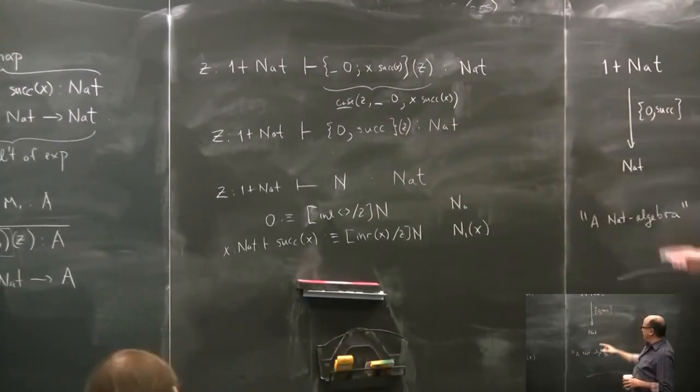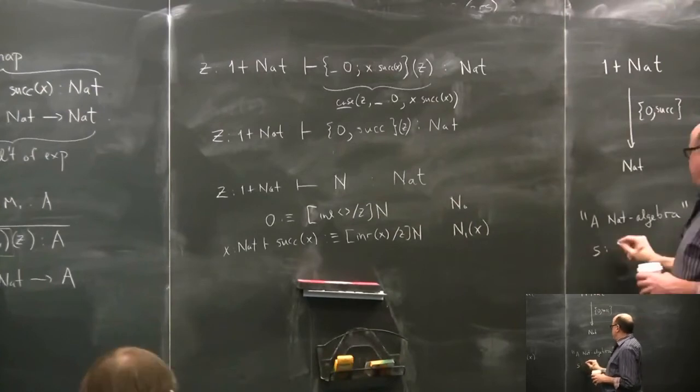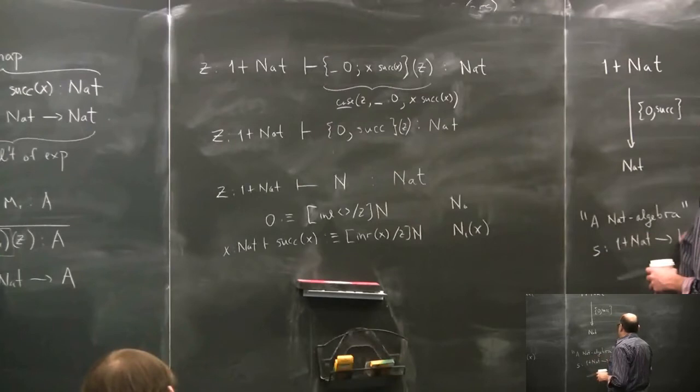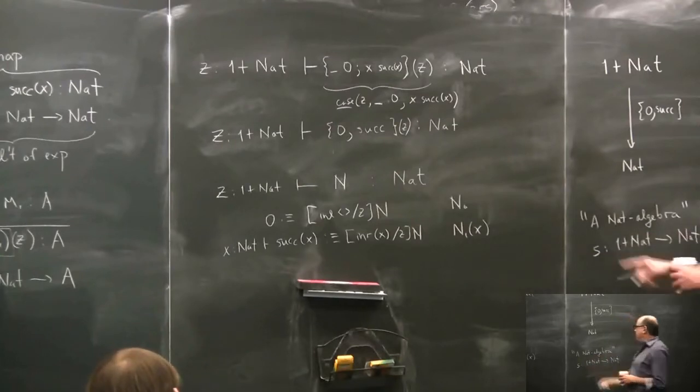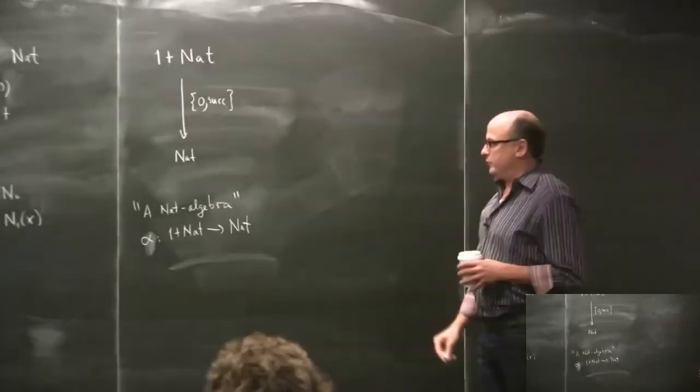That is, any mapping from 1 plus Nat to Nat will be called a Nat algebra. Let me call it alpha, to remind you that it's an algebra.